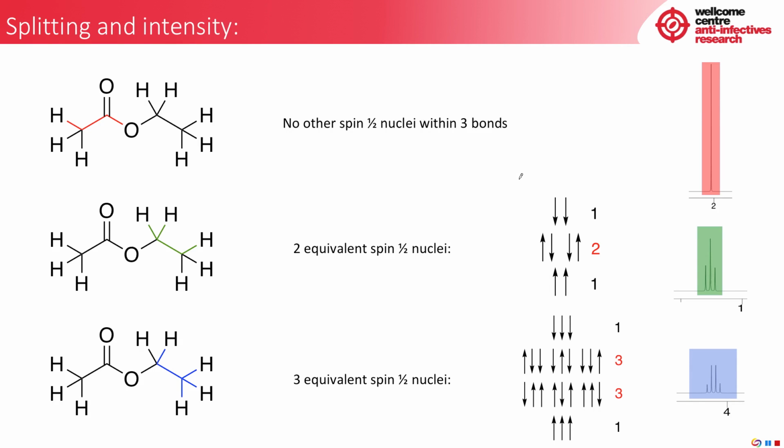If we were instead to take the other methyl group here, again, you can ignore the equivalent nuclei. 1, 2, 3. This couples to these 2 protons here. These are equivalent to each other, not to this. Now, if we look at how we can arrange the spins of these 2 protons, we have the parallel in line with the field configuration, that's the lowest energy, and we have against the field configuration, that's the highest energy.